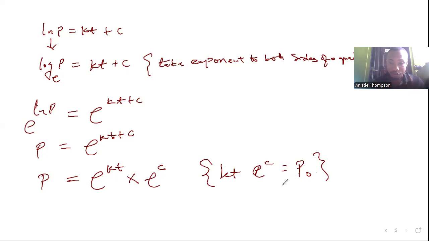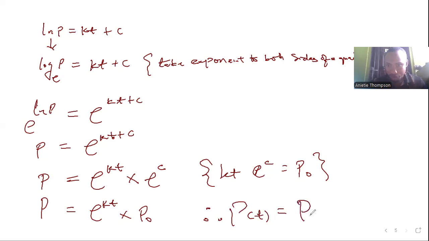So p equals exponential kt times p naught. Finally, the population p, which is a function of time, equals p naught exponential kt.